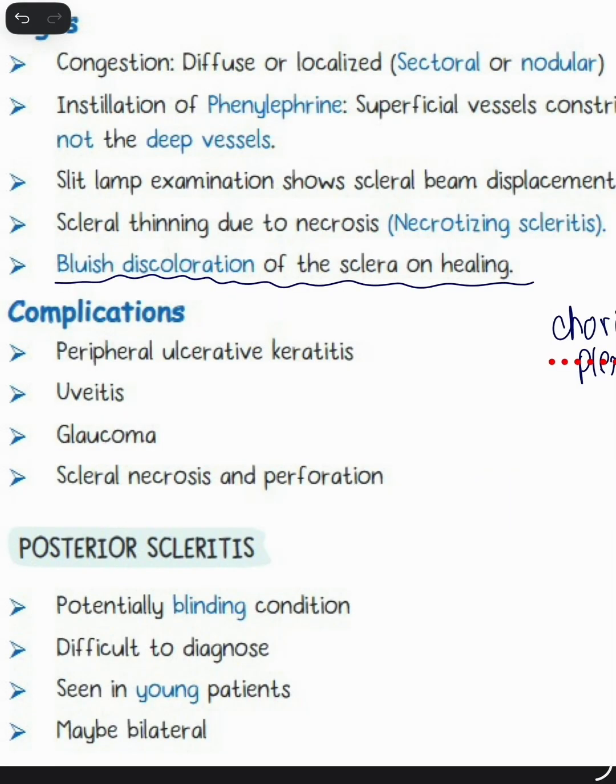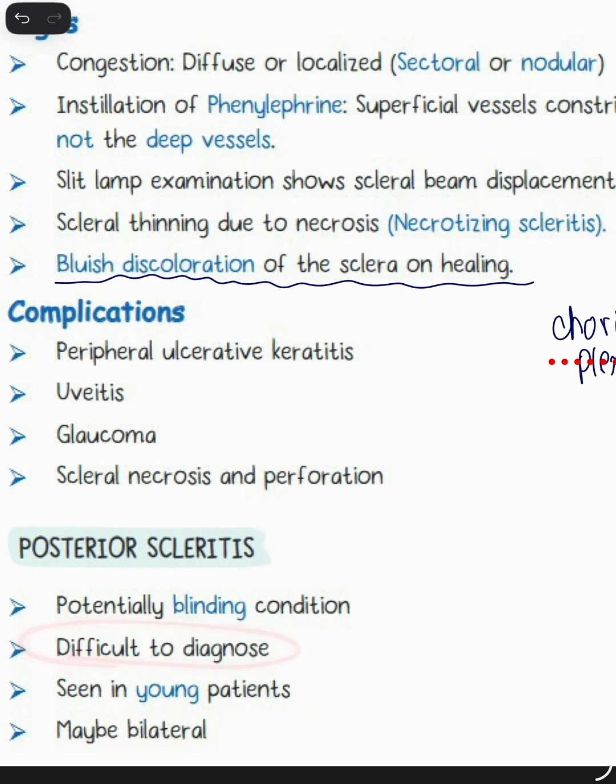Now the posterior scleritis. Posterior scleritis is an even more extreme condition, because it is potentially blinding, and it is seen majorly in young patients. The younger population is most commonly affected by posterior scleritis, and it may be bilateral, and it is difficult to diagnose.